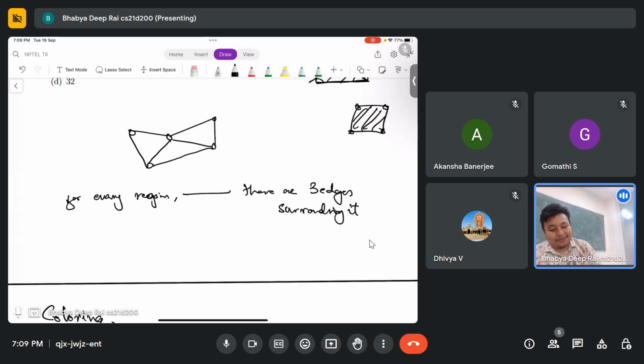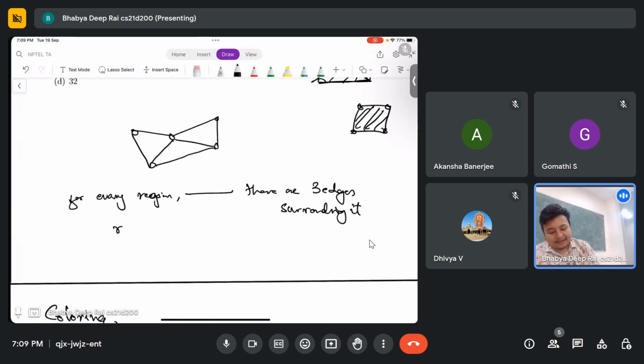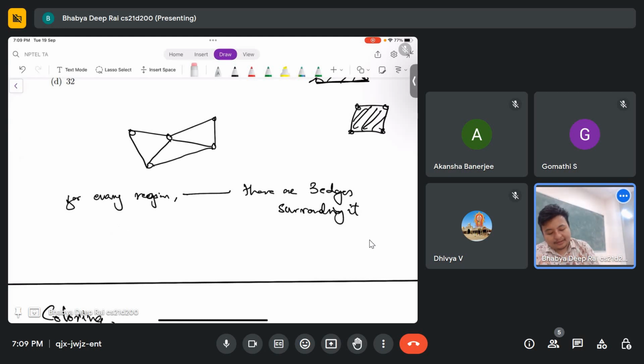Now you might say that the number of regions times 3 equals the number of edges. But there is some overcounting happening here.